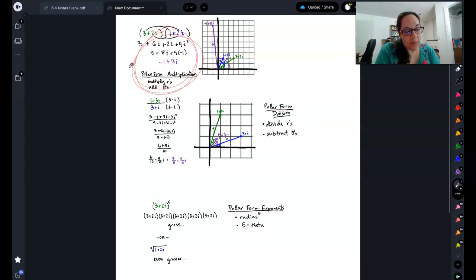For some of these operations like multiplying, either rule is probably the same amount of work. Whether you do polar form or multiplying, you'll get the same answer either way. But once you start to get into more and more complicated problems, you'll find that the polar form is actually faster than doing all the algebraic work.